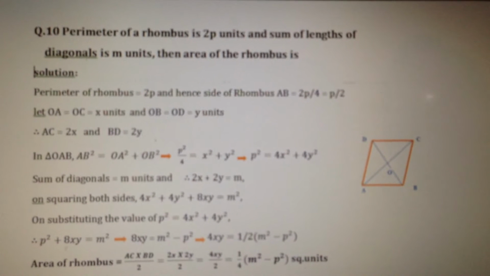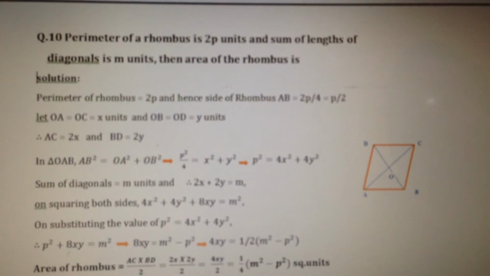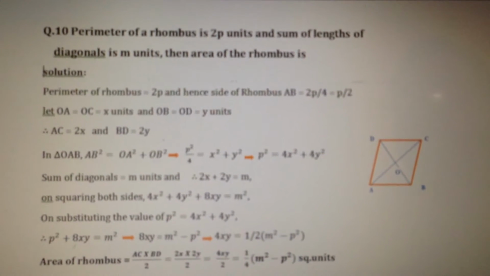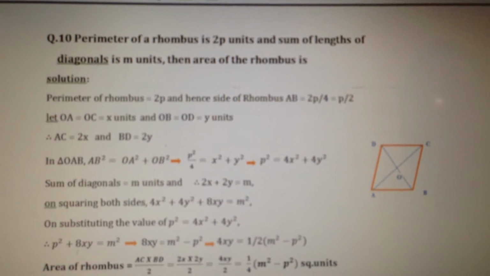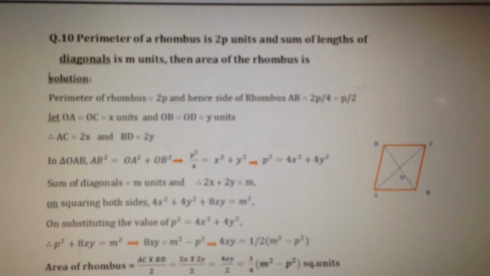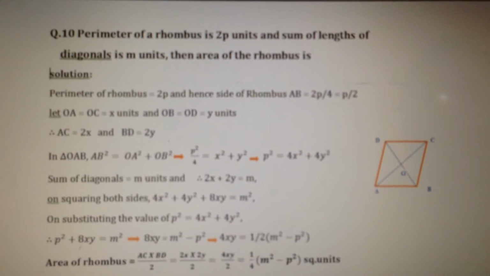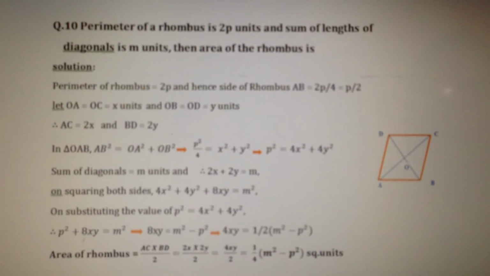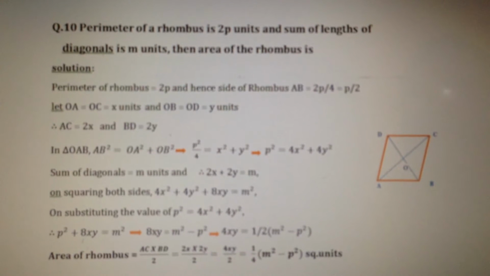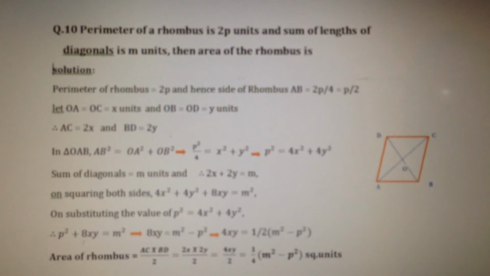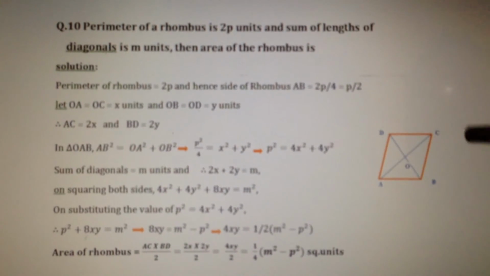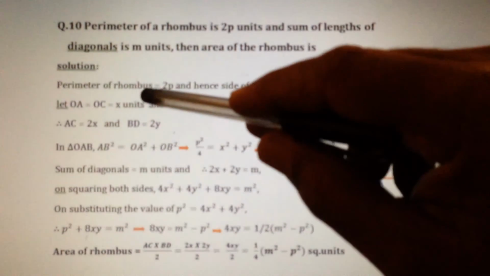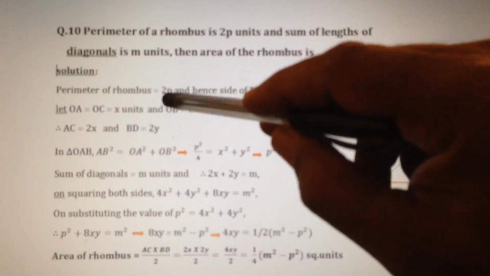Next question. Perimeter of a rhombus is 2p units and sum of the lengths of the diagonals is m units. Then area of the rhombus is. Here in the question, perimeter is given as 2p units. We know the perimeter of a rhombus is the sum of the 4 sides. Sum of the 4 sides is equal to 2p units.